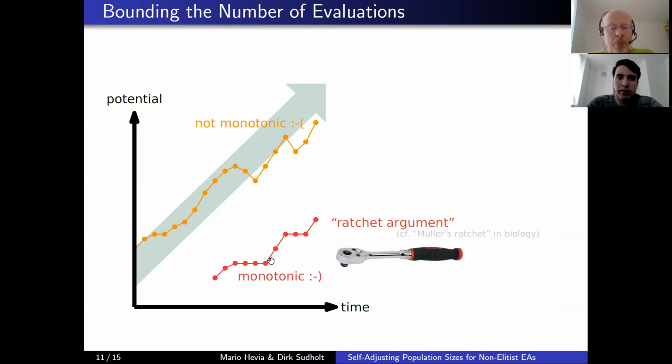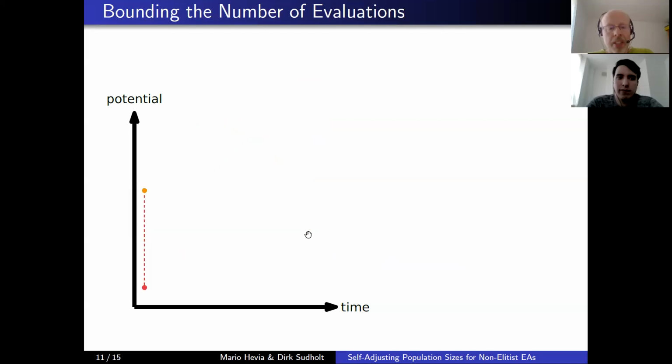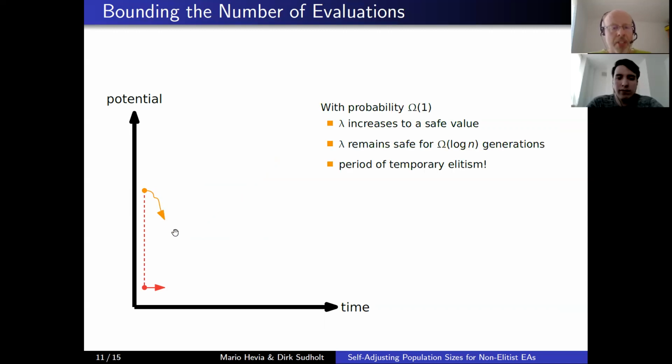But we still need to prove that we get these increases in the lower bound and that we advance towards the optimum. So the current fitness could decrease by a bit, but what we can show is that with constant probability, we'll have a good sequence of generations where we're making good progress towards the optimum. So with constant probability, lambda increases to a safe value and lambda remains safe for at least log n generations.